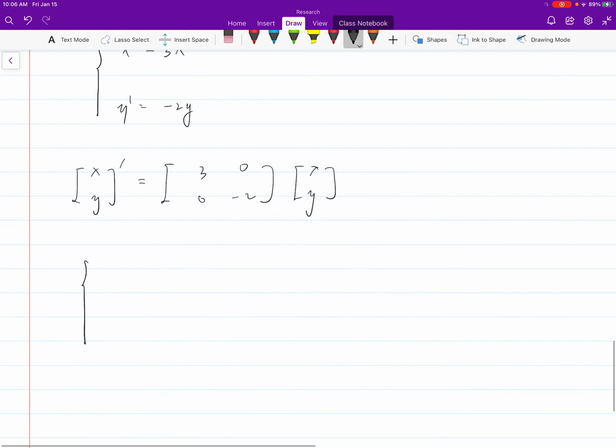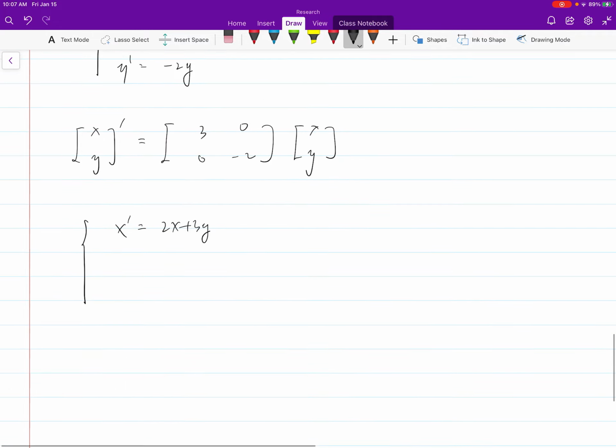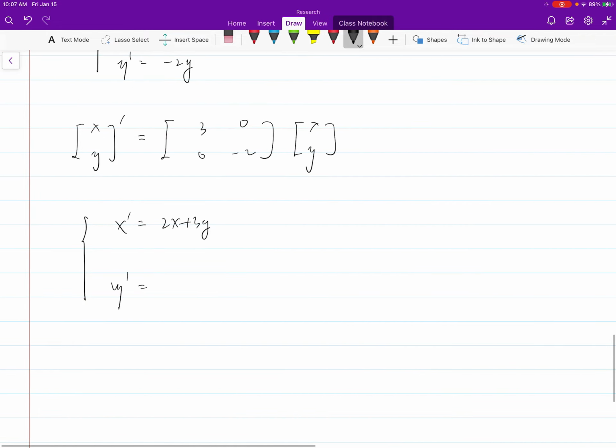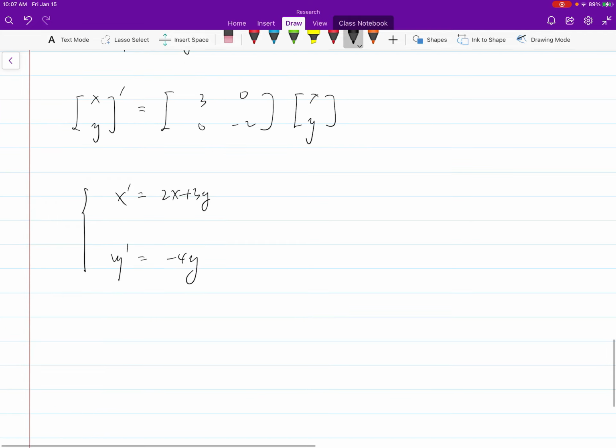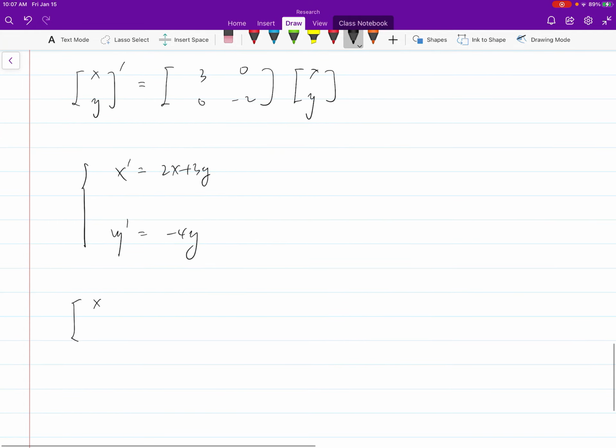And this one, when we have 2x plus 3y and -4y, clearly can be rewritten in matrix form.